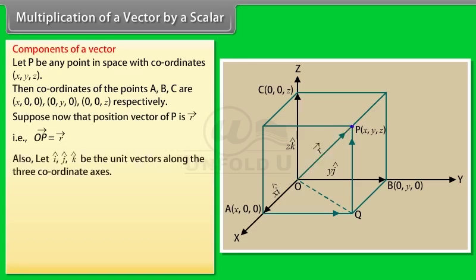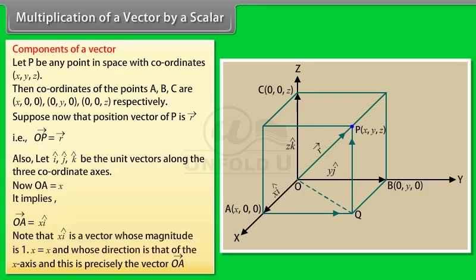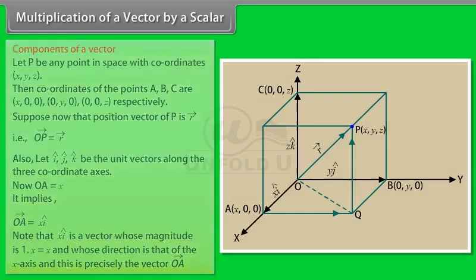Also, let cap i, cap j, cap k be the unit vectors along the three coordinate axes. Now OA equals x. It implies vector OA is equal to x cap i. Note that x cap i is a vector whose magnitude is 1 times x equals x and whose direction is that of the x-axis, and this is precisely the vector OA.